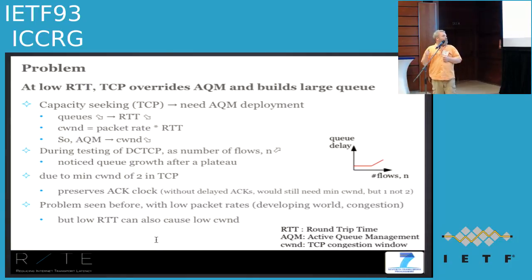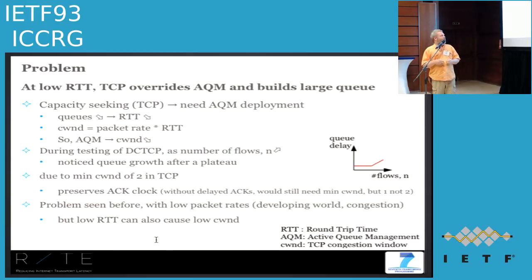And when we raised the number of flows to not unreasonable levels, I mean, we were getting, what was it? We had 40 meg and 15 flows, so that's 2 or 3 meg a flow, something like that, which is sort of how much broadband I've got at home for one flow. We noticed that as we increased the number of flows, the queuing delay started to grow, even though we had a really good AQM and we couldn't stop it.